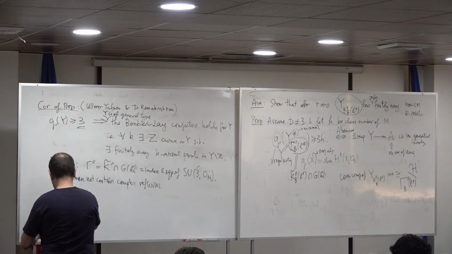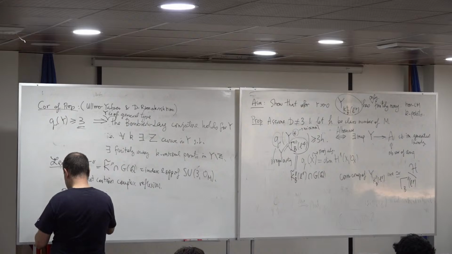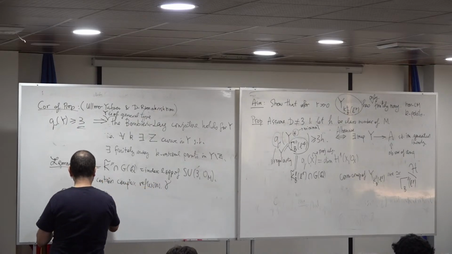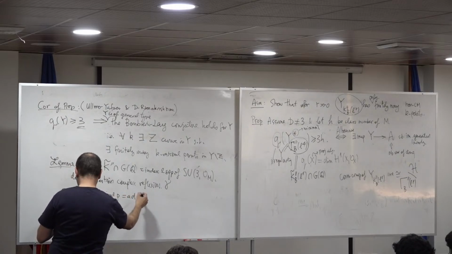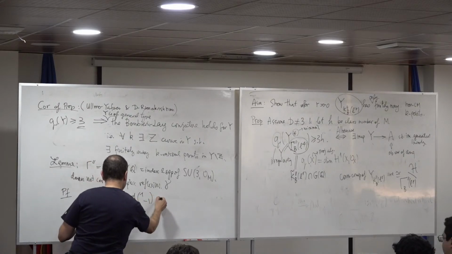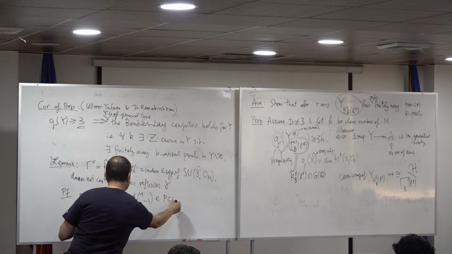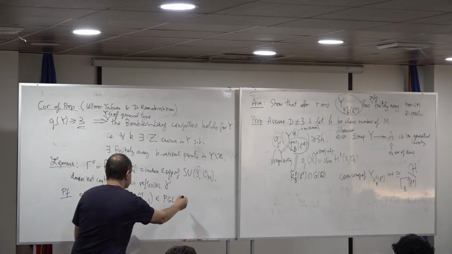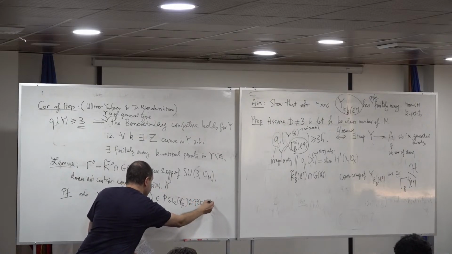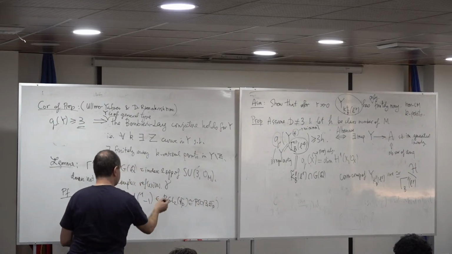So the proof of this is just one line. Otherwise, if you have such a complex reflection gamma, then gamma mod p is the adjoint of diag(1, -1). This is seen as an element in PGL2(F_p), which I explained is isomorphic to PSO3(F_p) by the adjoint representation.